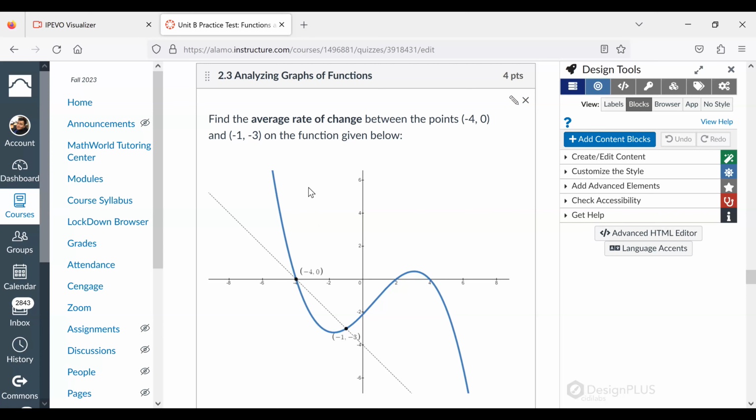Your average rate is equal to x2 minus x1 over the function at x2 minus the function. Oh, shoot, got it backwards. Dang it.